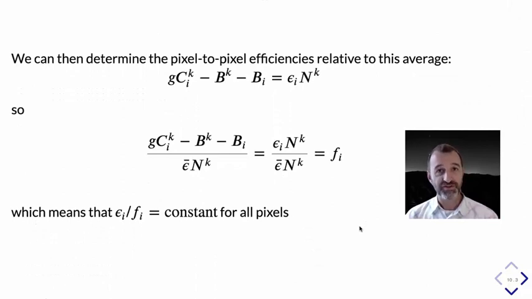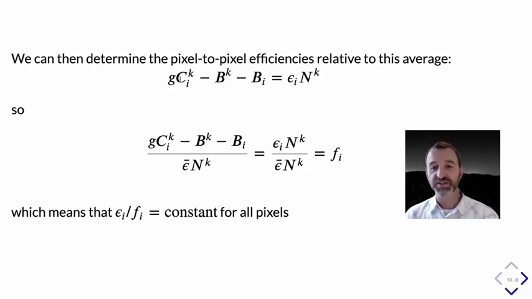And so once we have that, now we can actually figure out what the relative efficiency is of each pixel on the detector. So we can go back to our equation, where we're relating the counts that we get on the computer to the number of photons that were incident. And we can ask, how does the efficiency of one given pixel relate to the average of the entire array?